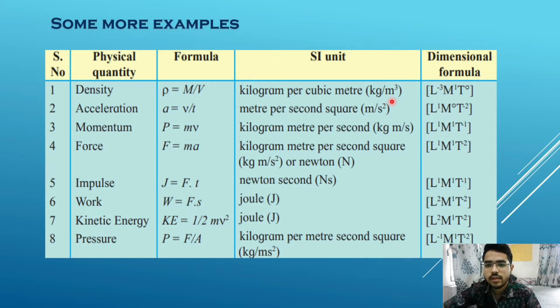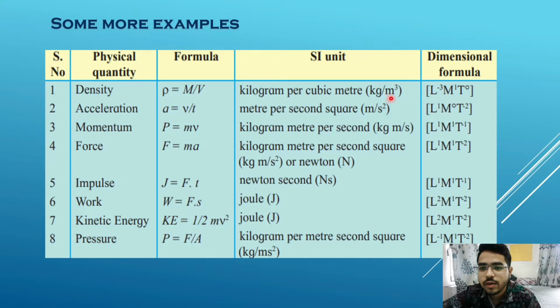This m is the length, that is meter, and kg is mass, that is M. Dimensional formulas are denoted by L, M, T and other SI units. So we can write this as m raised to 3, but it is in the denominator, so while bringing it up it will become m raised to minus 3.